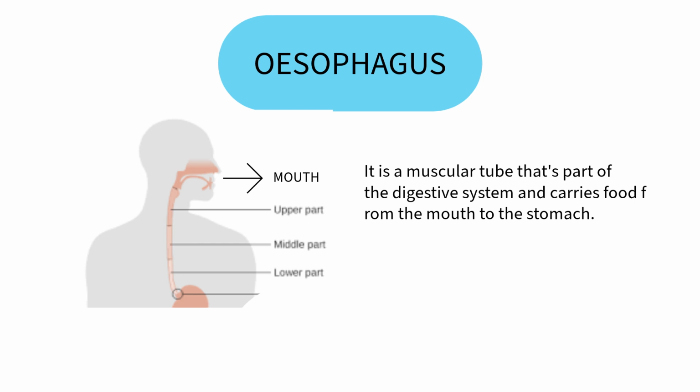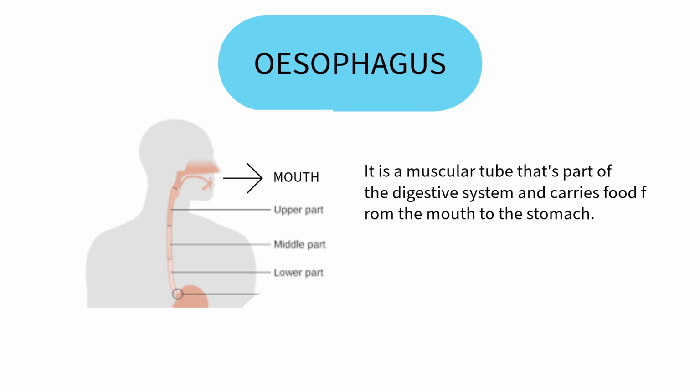The second part of the digestive tract or alimentary canal is the food pipe. It is also known as the esophagus, which you can see in the picture. The esophagus transports food from the mouth to the stomach, and the walls of the esophagus are highly muscular.